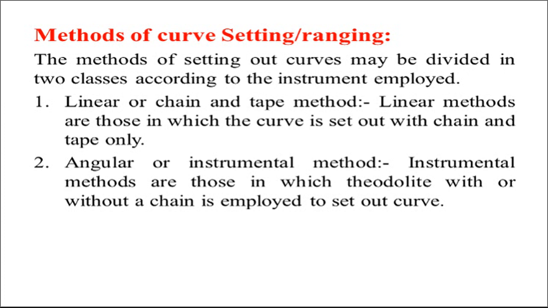The second type is angular methods, also called instrumental methods, in which instruments, particularly the theodolite, or theodolite and chain both, are employed for setting out the curve.